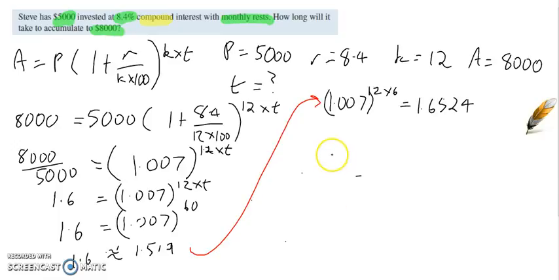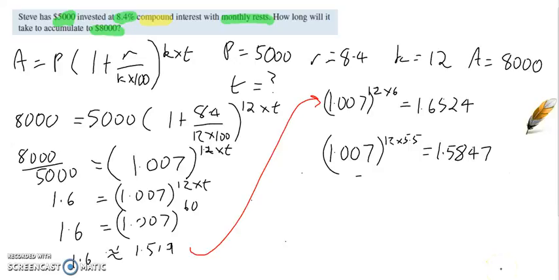So let's go halfway. I'm going to use 5.5. Oof. See, I'm getting closer. So I'm at 1.5847.